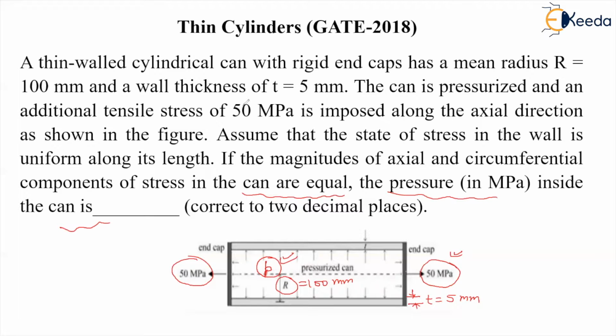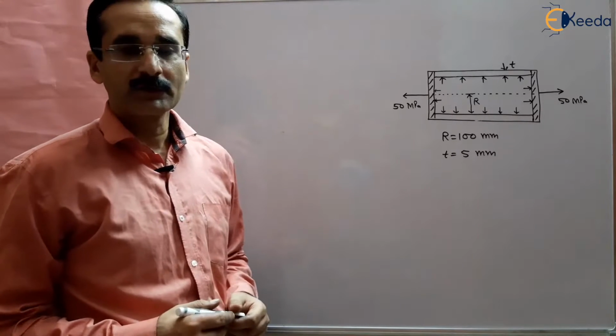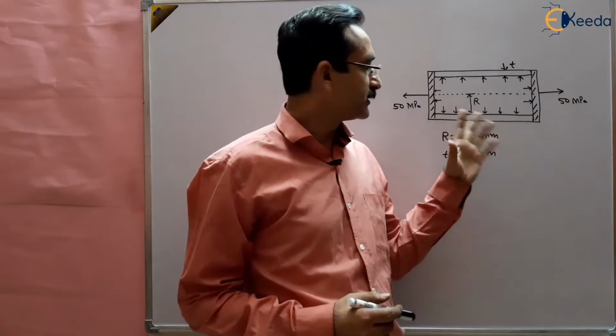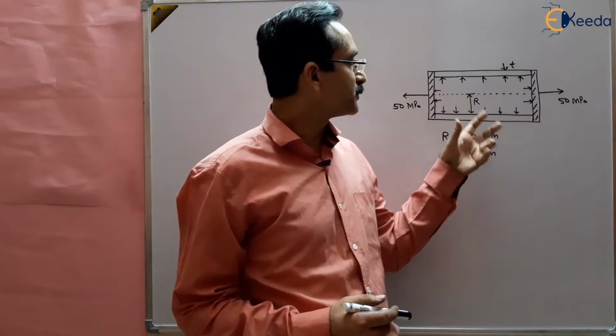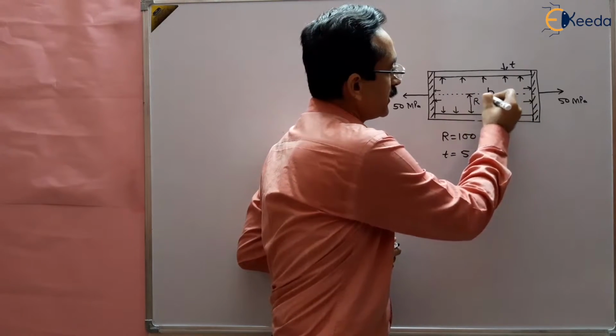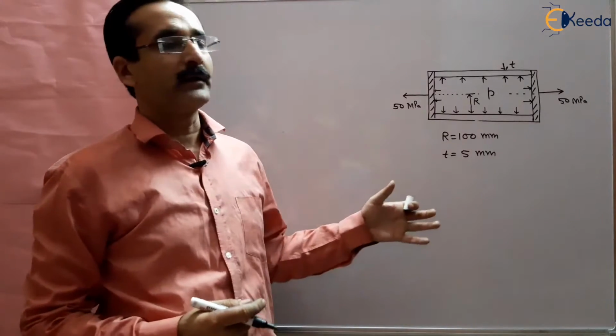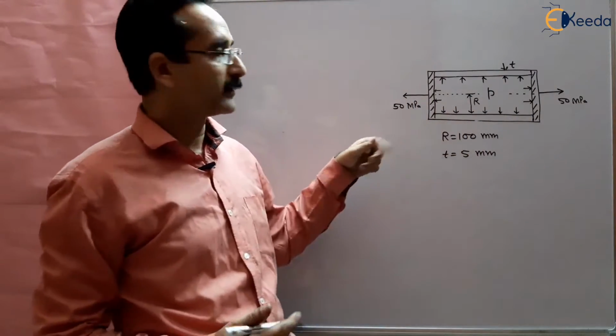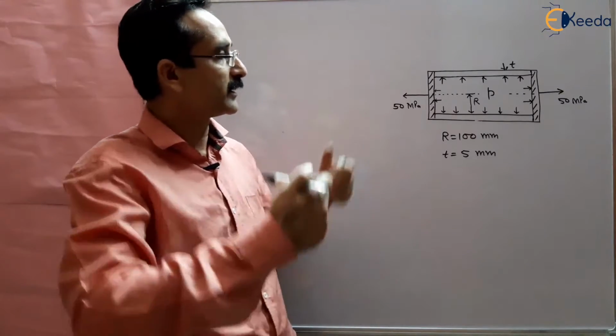So let us solve this question. This question is of thin cylinders. We have a thin cylindrical can, which is pressurized with some pressure P, and along with that a tensile stress of 50 megapascal is applied in the axial direction.